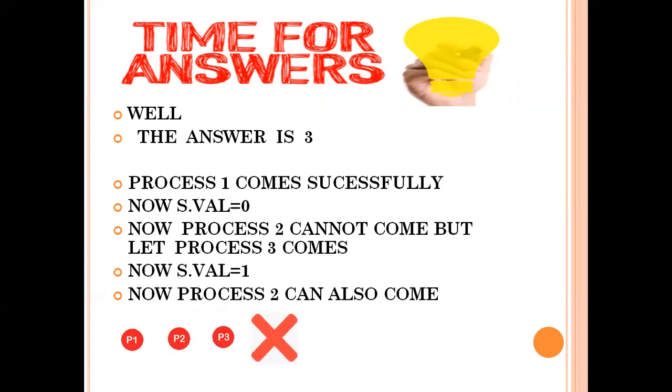So if you follow the order process 1, process 2, process 3, no, we cannot do that because process 2 needs semaphore value which is greater than 0. But if you run in this order, process 1, process 3, process 2, then it is the correct way, and maximum 3 processes can remain in the critical section.